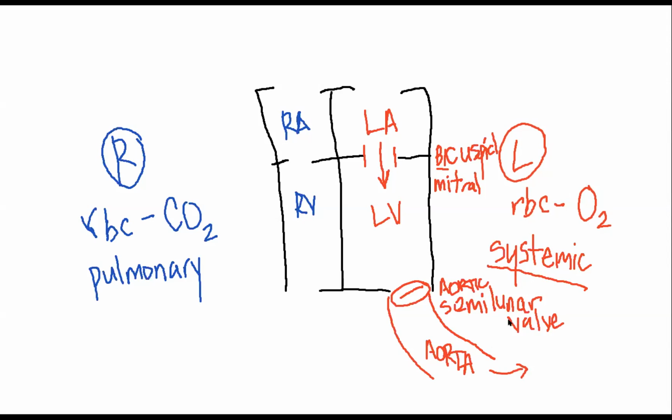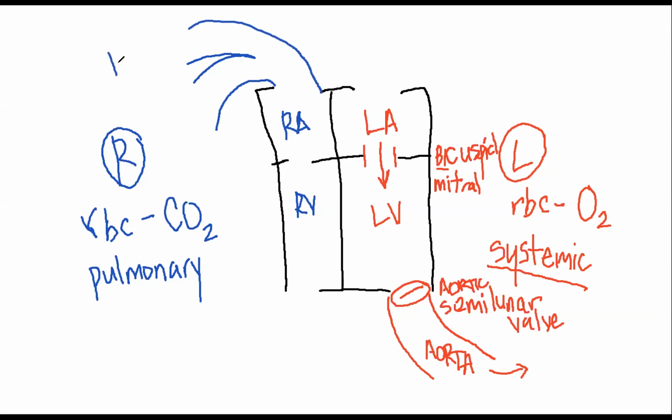So once we go through the entire system, what happens? Your body uses up all the oxygen, and what does it throw out as a waste product? It throws out carbon dioxide. Okay, so once it throws out carbon dioxide, it comes back to the heart into two tubes.